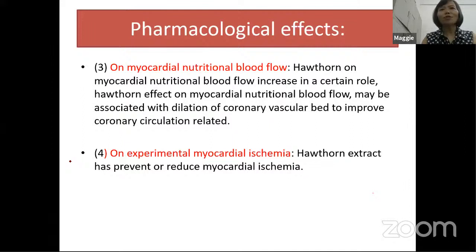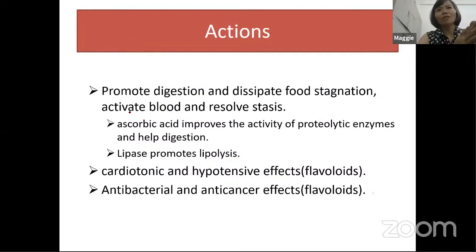Hawthorn increases myocardial nutritional blood flow, which may be related to dilation of the coronary vascular bed to improve coronary circulation. 4, on experimental myocardial ischemia. Hawthorn extract can prevent or reduce myocardial ischemia. So these are the pharmacological effects.